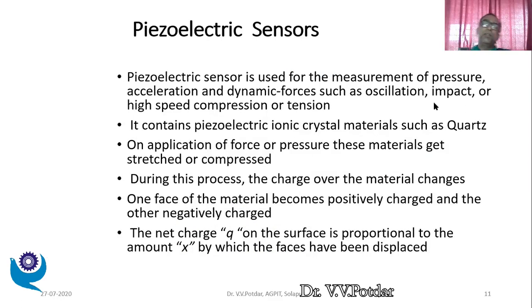The piezoelectric sensor is used for the measurement of pressure, acceleration, and dynamic forces such as oscillation, impact, or high speed compression or tension, as I told you. In most of the accelerometers, these piezoelectric sensors are used.